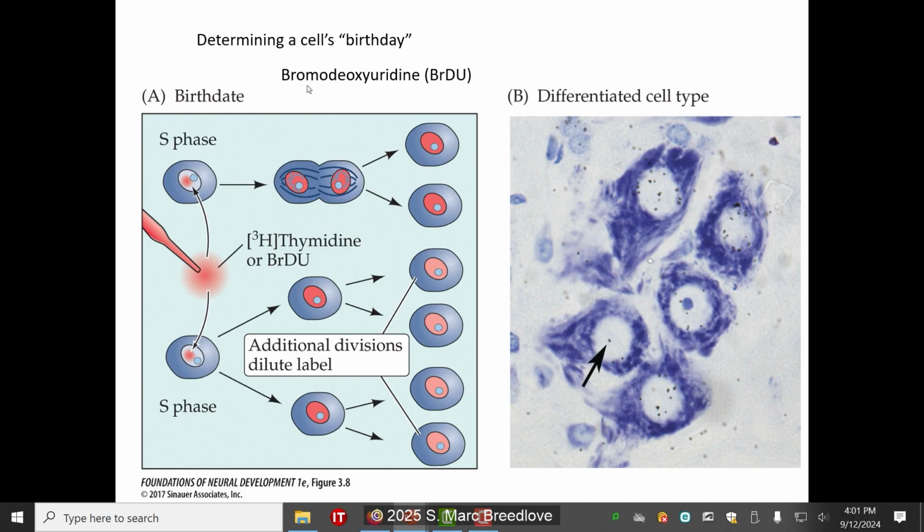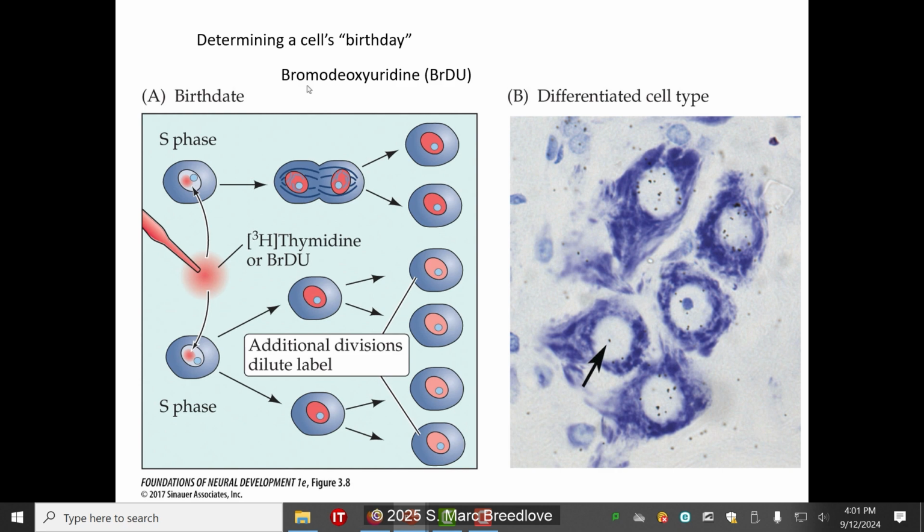And so now, instead of injecting radioactively labeled thymidine and waiting months to develop it, you inject this stuff, bromodeoxyuridine. You can tell from the name that it's kind of like uridine, but it doesn't get taken up in RNA, only gets taken up in DNA. So it is a DNA-specific marker.